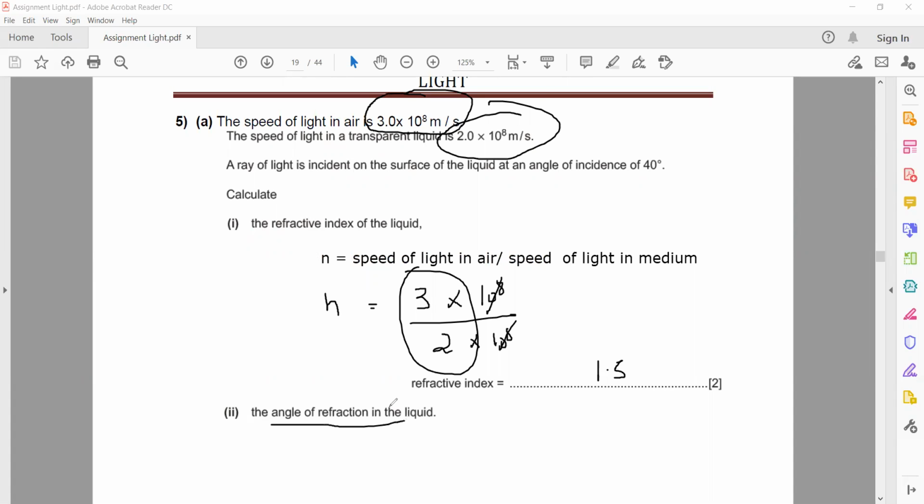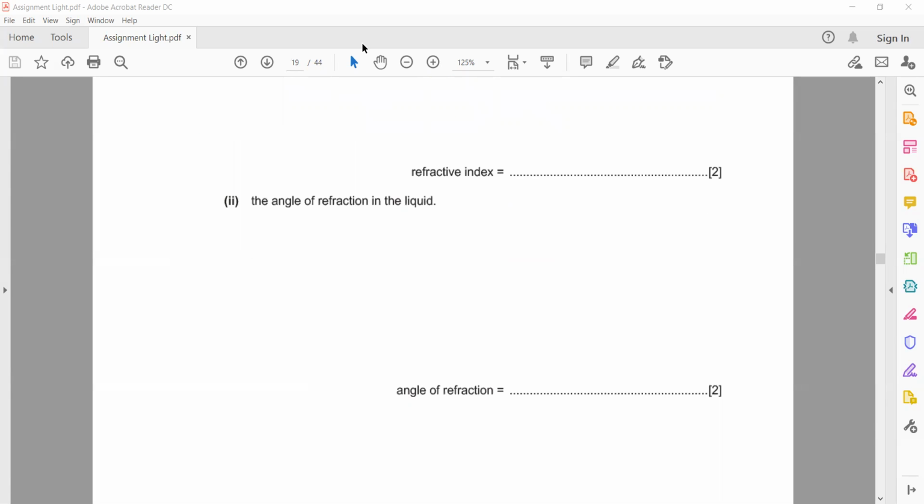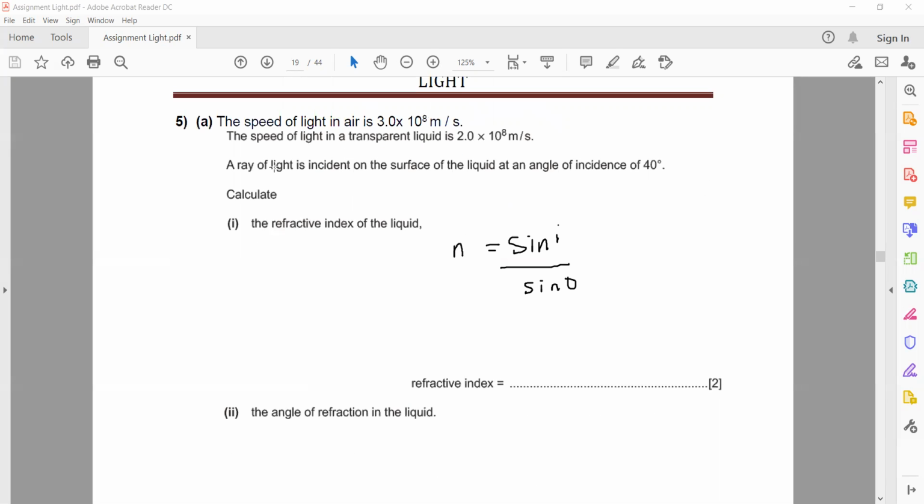Then angle of refraction. A ray is incident on the surface of a liquid at an angle of 40. So it's moving from air to the liquid. So moving from air to liquid or air to glass, the formula for refractive index is n equals sine I over sine R. And they mention the ray is incident on a surface at an angle of incidence 40.